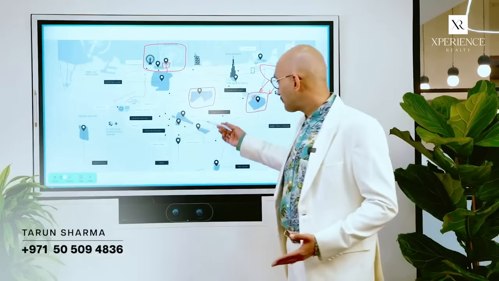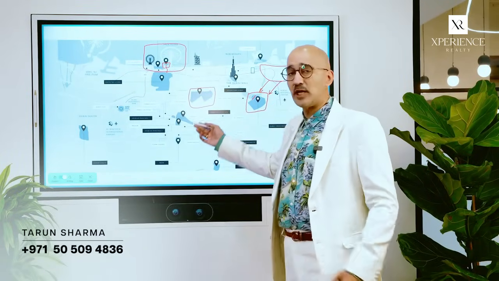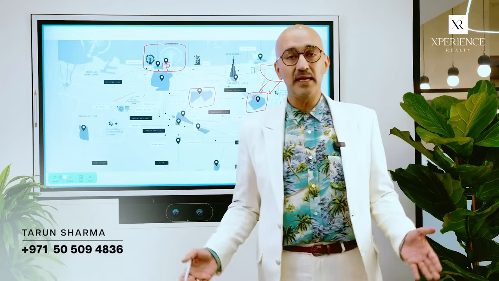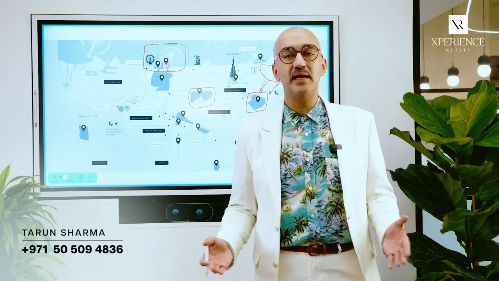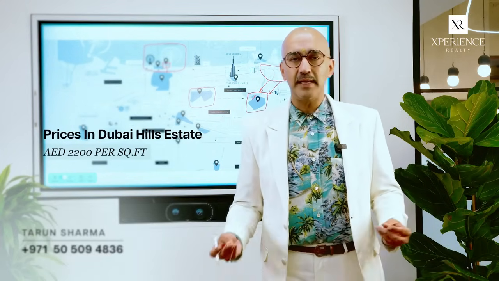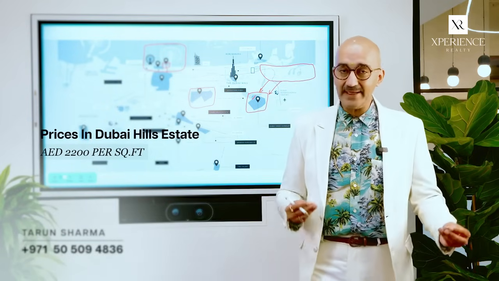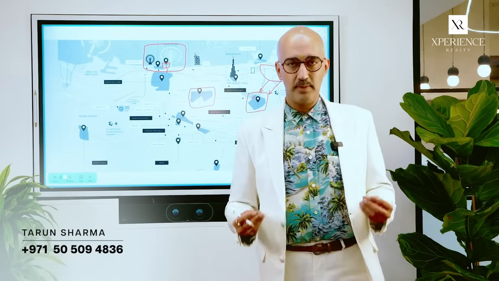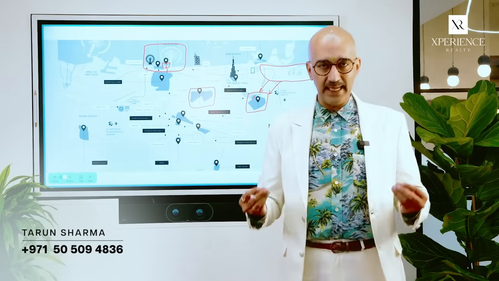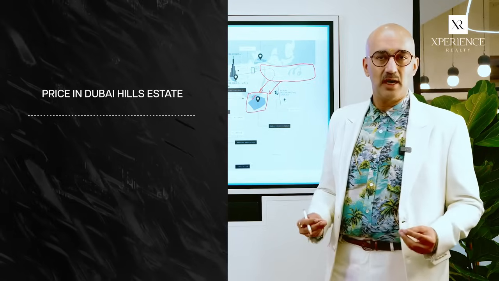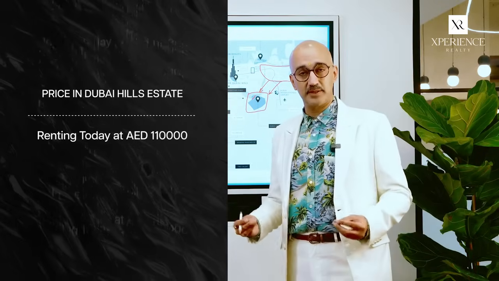Now, what was launched in 2016 has gone from strength to strength, and prices in Dubai Hills Estate have reached around 2200 dirhams per square foot. Now, if we speak about rental prospects in Dubai Hills Estate, allow me to engage you. A one-bedroom in a building named Collective is renting today at 110,000 dirhams.